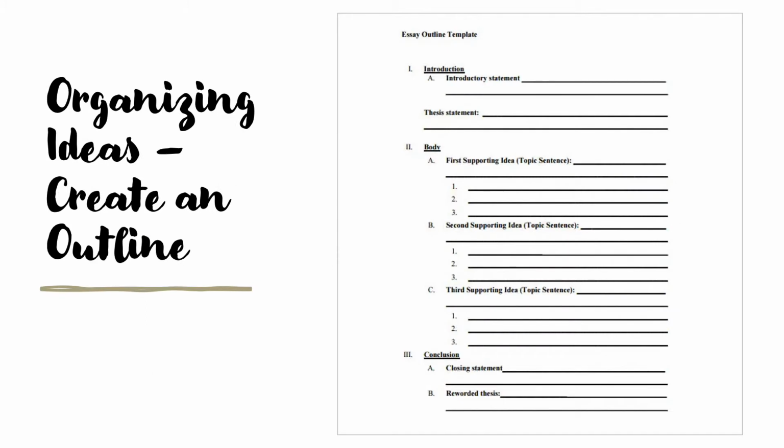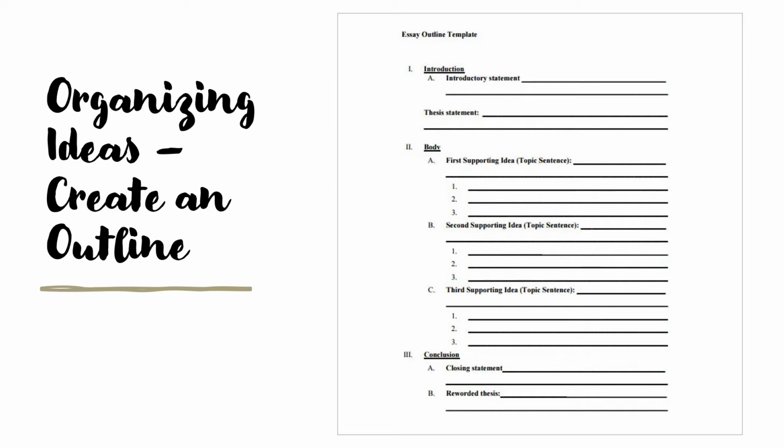The next thing on your list is actually organizing those ideas. So if you have just a bunch of ideas written down on a piece of paper, you want to start putting those ideas together so that you can actually start writing something. One way specifically that we'll talk about is to create an outline.